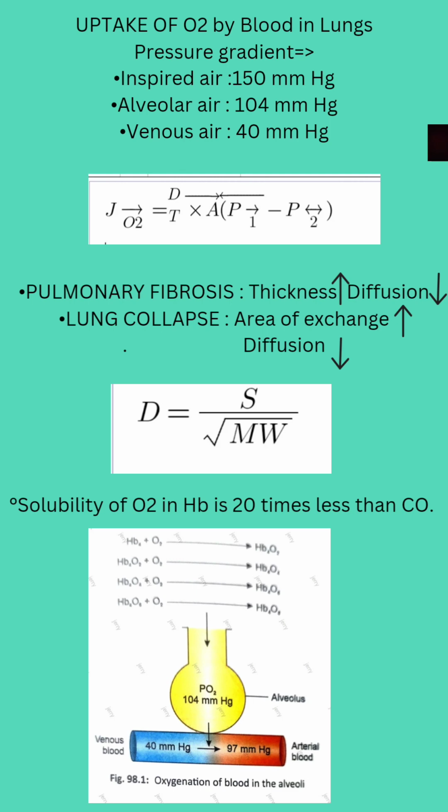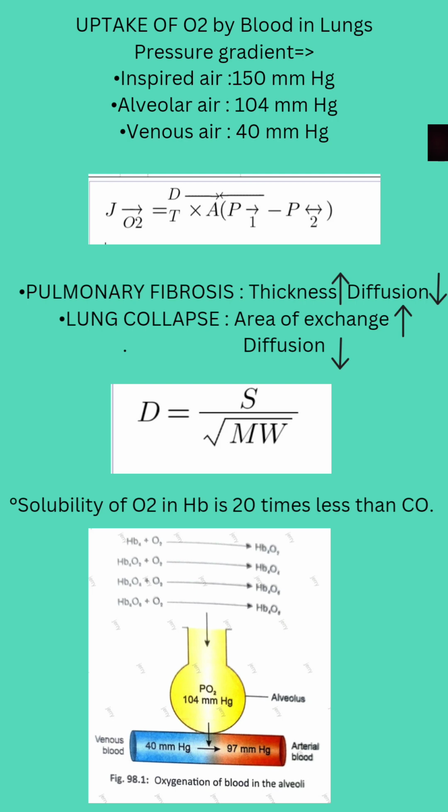As we have learned in general physiology, Fick's law of diffusion, J equals D into A by T, P1 minus P2. This pressure difference is responsible for the diffusion of oxygen. Oxygen always flows from high pressure to low pressure, that is first from the inspired air, then to the alveolar air, and finally to the venous blood.